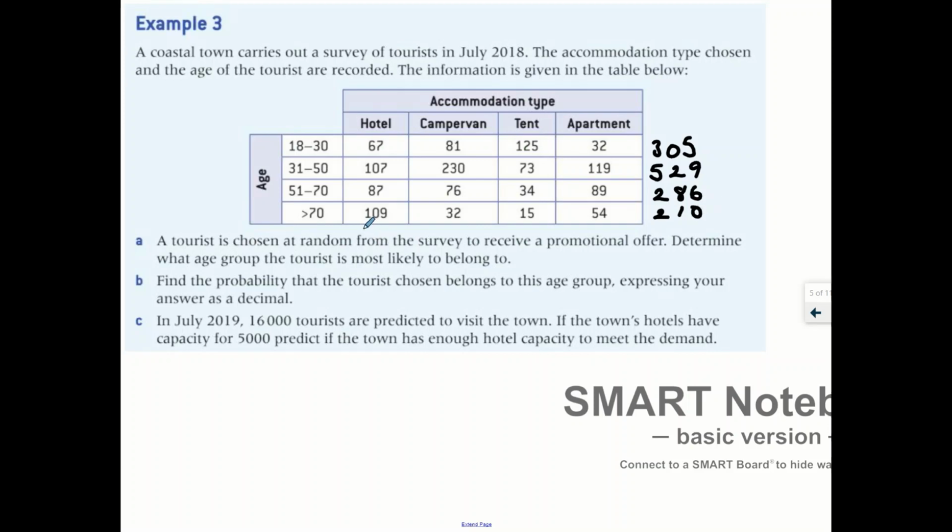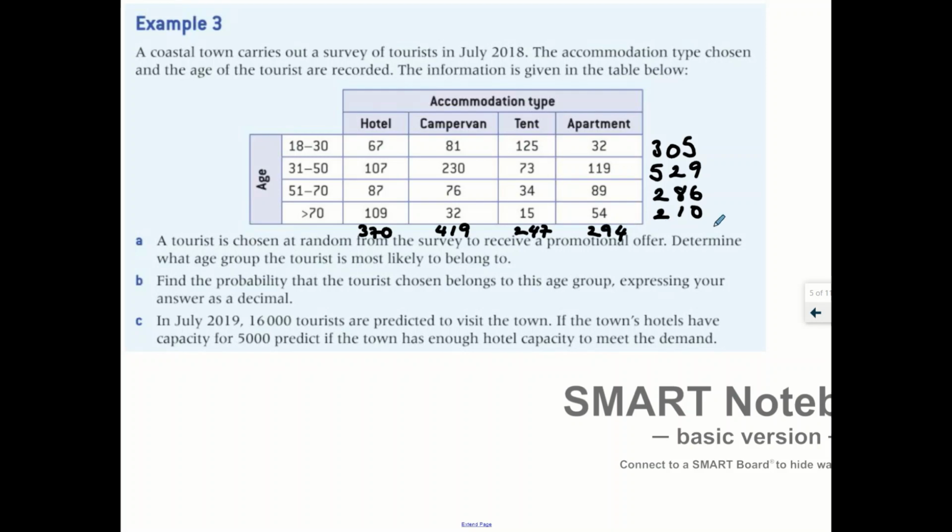And then here we're going to have 370, 419, 247, 294.